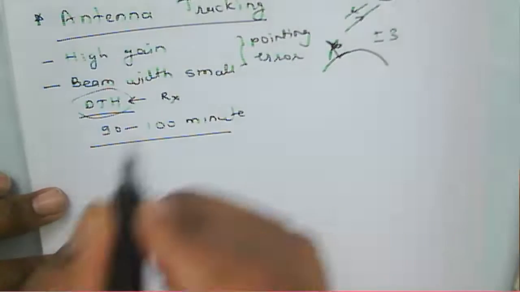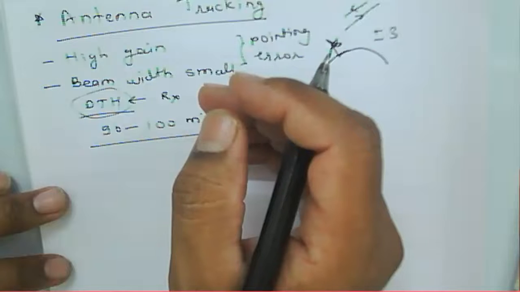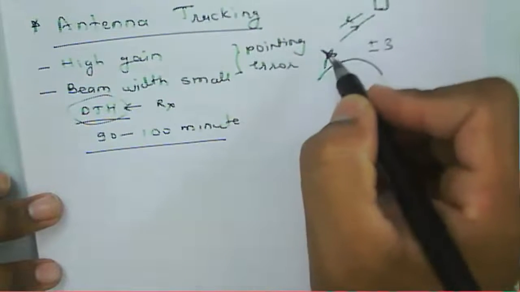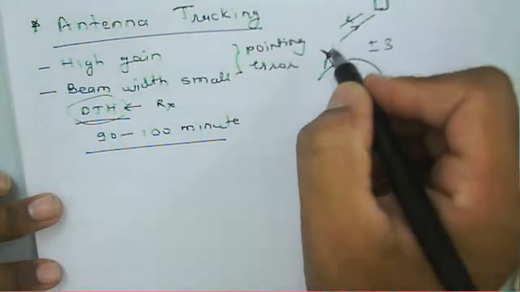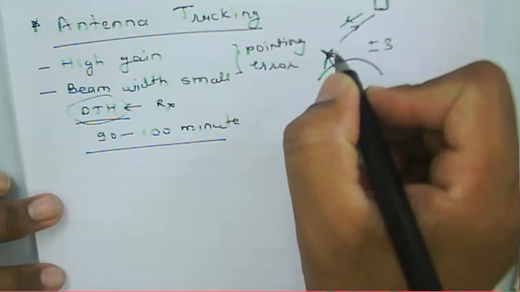That's why if it is a small Earth station and your satellite is in a low orbit, then for the given visible range of the satellite we need tracking of the satellite.